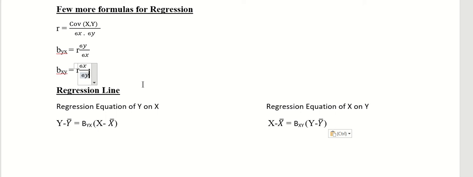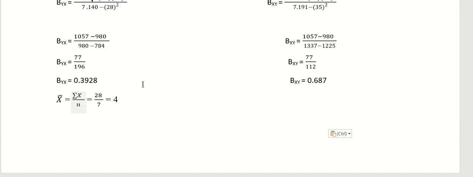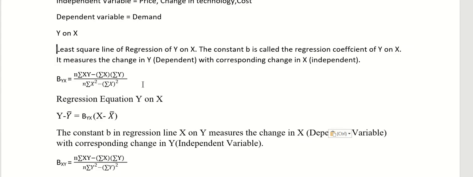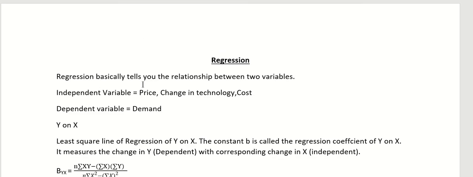It depends completely on your independent and dependent values. As we discussed in our last class, in regression there is one independent variable and one dependent variable. Let me show you again what we discussed: there are always two variables, x and y.